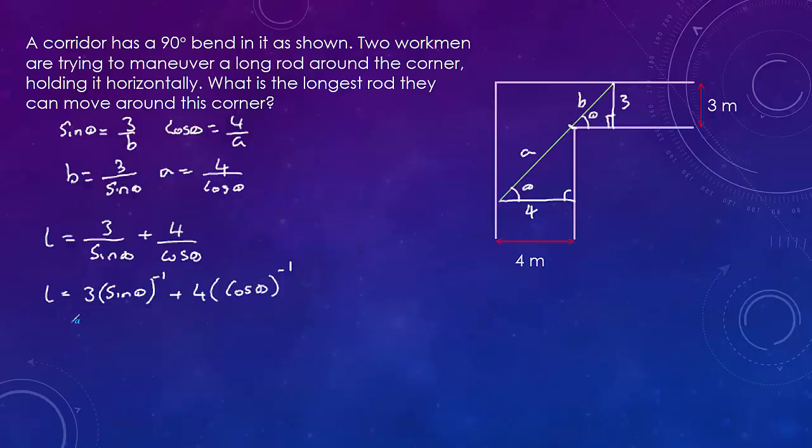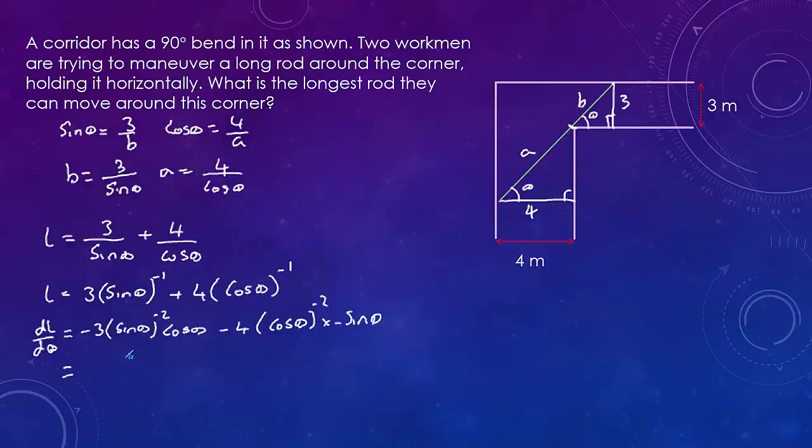To find the maximum for L, we need to differentiate. So we're going to do dL d theta. So we've got negative 3 sine theta to the negative 2 multiplied by the differential of the inside function, which in this case is cos theta. Take away 4 cos theta to the negative 2 multiplied by the differential of the inside, which is negative sine theta.